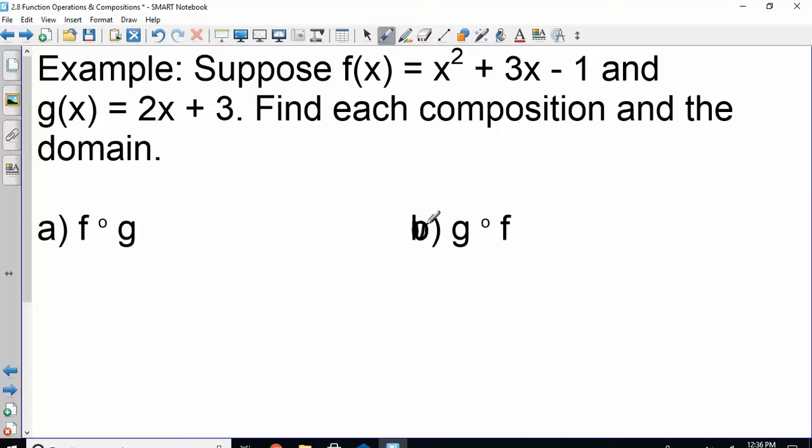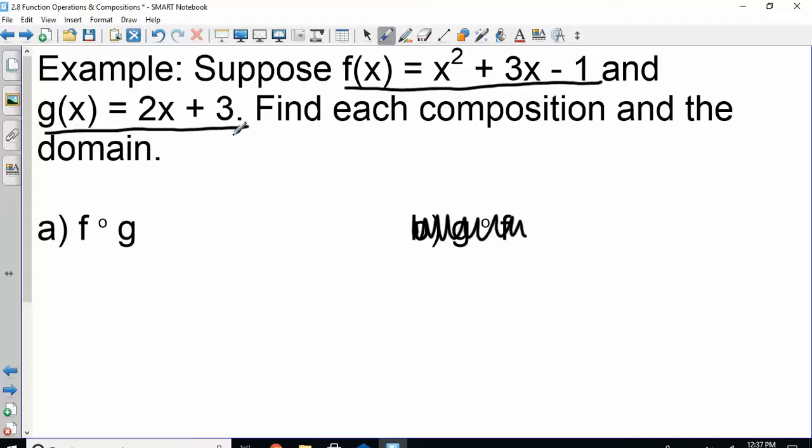So I think for these functions, I'm just going to do the first. f of x is x squared plus 3x minus 1. g of x is 2x plus 3. So yesterday, we were just worried about composing when we were plugging in numbers.